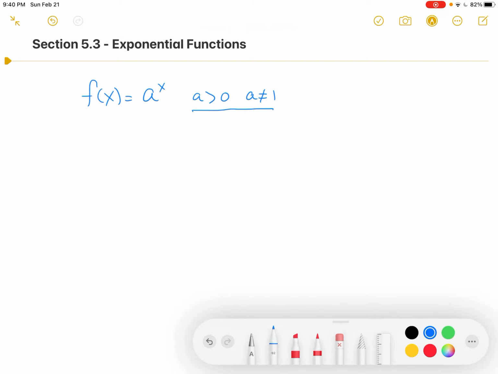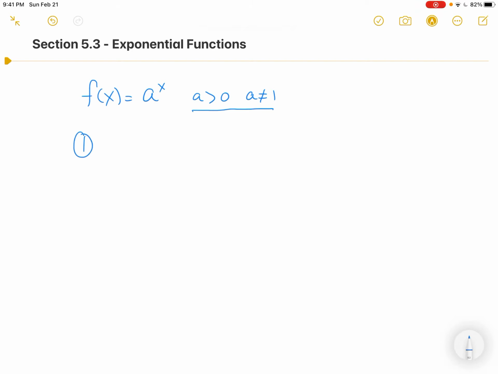So let's make sure that you understand the graph, because some of the first questions out of the gate are dealing with the graph. So what if I ask you to graph the exponential function f of x is equal to 3 to the x? Well, what would that look like? Let's make sure we understand the parent. Well, what if x was 0? No matter what that base is, anything raised to the 0 power is 1.